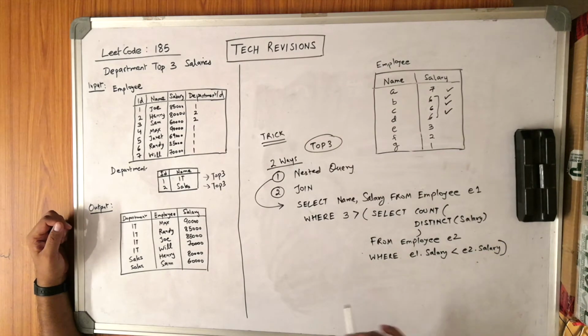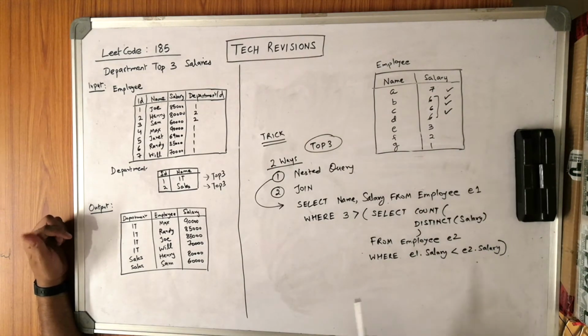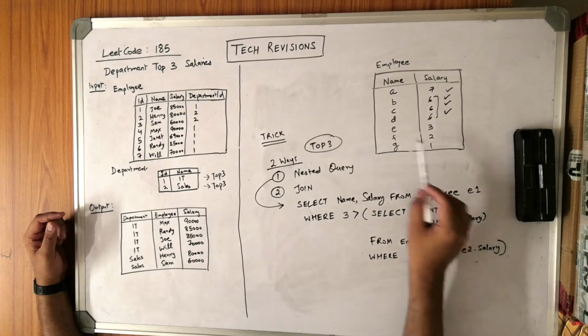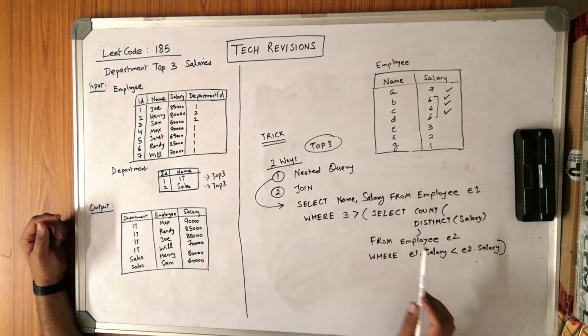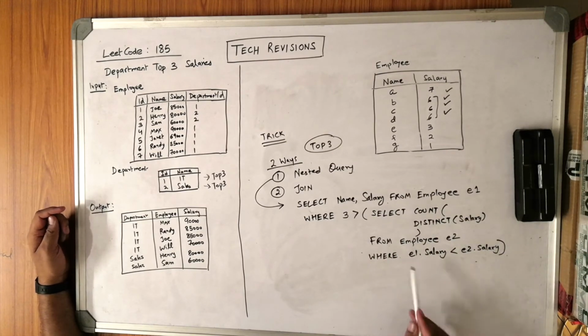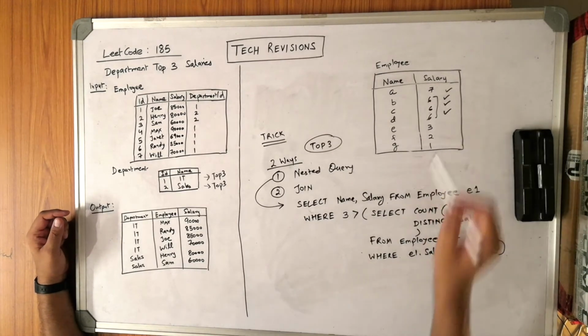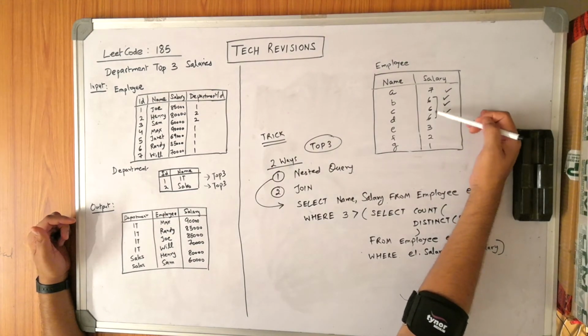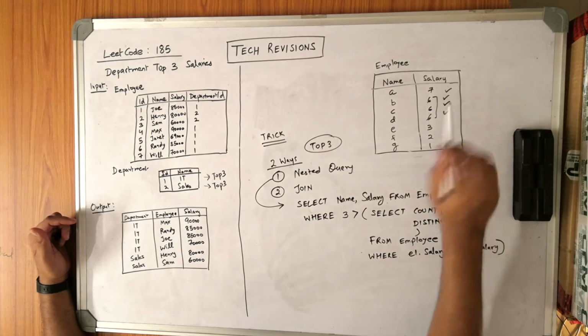Now let's look at the third one. When the 3 comes in, E1 will again be at this particular location, and E1.salary will be 3. Because of this nested query, 3 will get compared with every other salary. 3 will be less than these 3, but because of this distinct, these 3 will become 1.